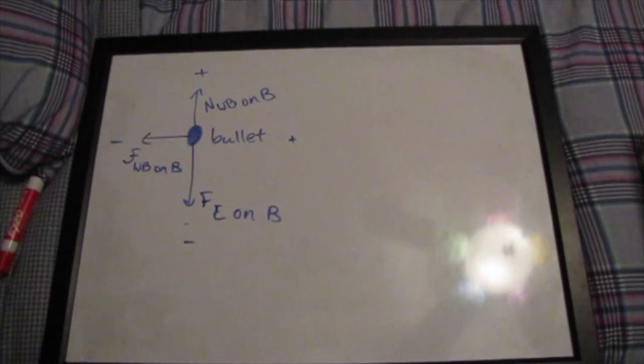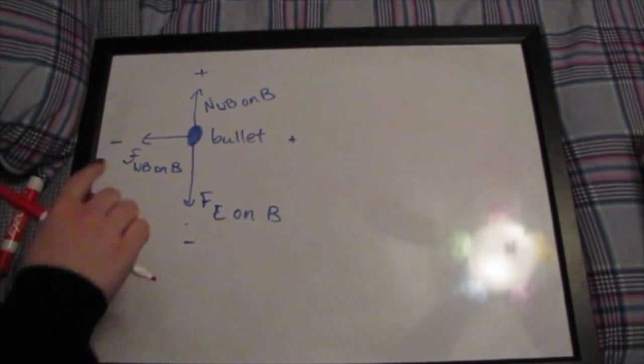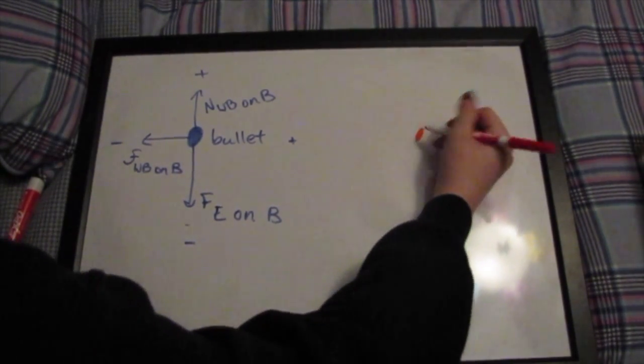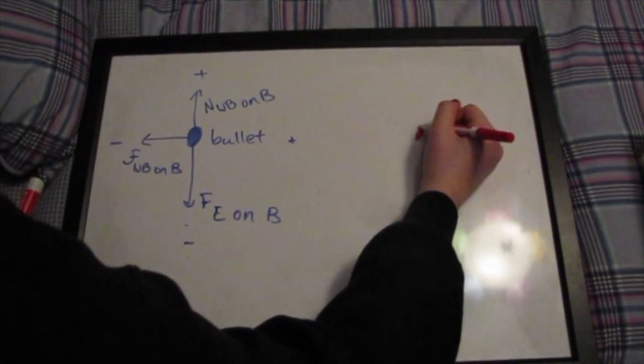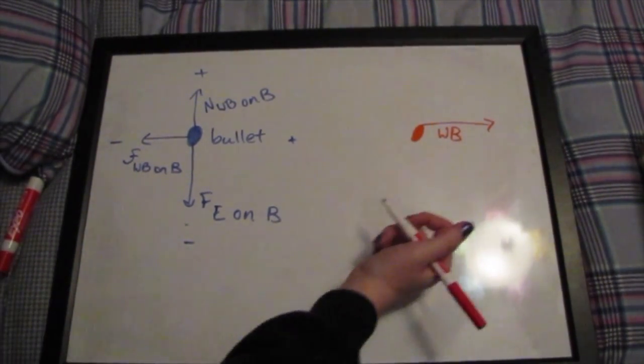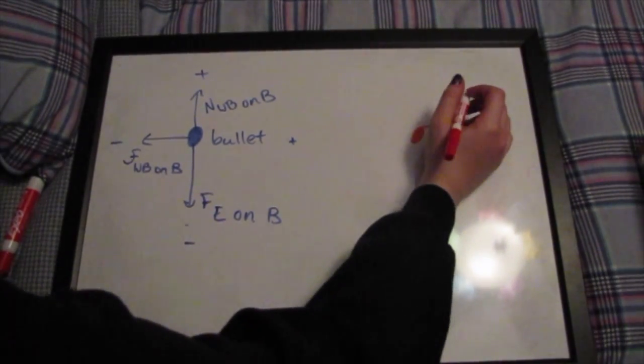So for the last part of our force diagrams, for the last part of our sketch, the bullet is being slowed down by the wooden block, and the wooden block is now moving in the horizontal positive direction because of the bullet pushing it.